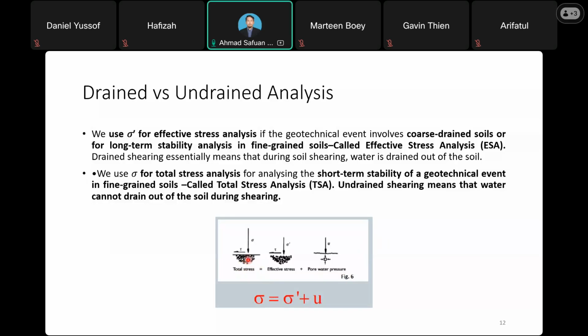How do we determine the total stress? You need to understand the unit weight of the soil, then determine it based on the height, thickness or depth of the soil below the ground.